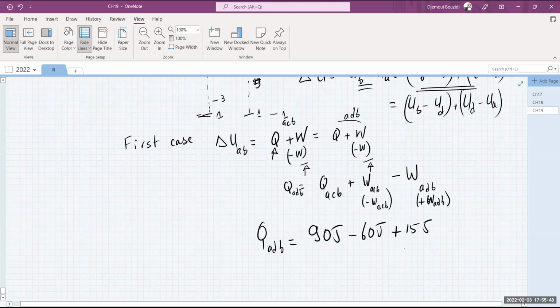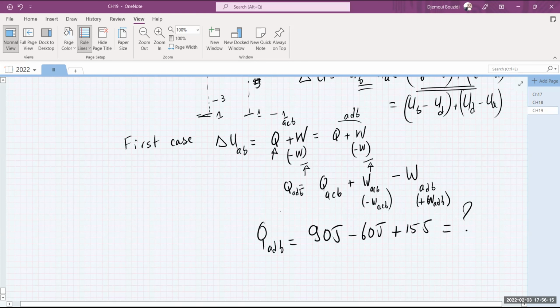Okay. So 90 plus 15, that's 105 minus 60. 105 minus 60. Is it 55 joules? Yes, maybe. Yeah. 90 minus 45.